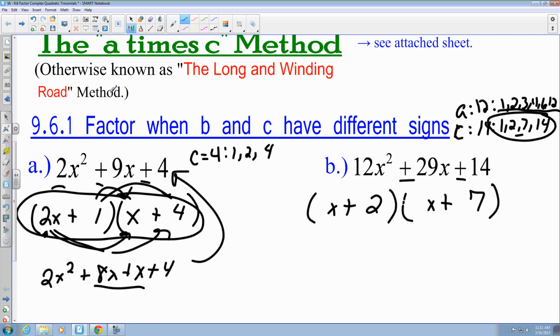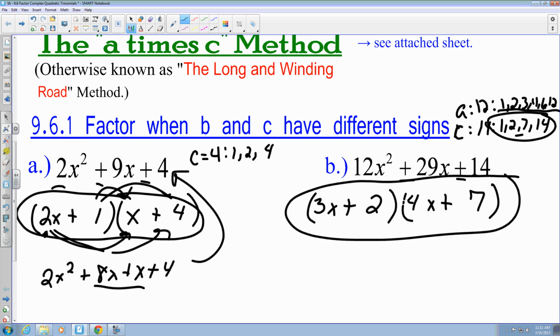What about if I put a 3 here and a 4 here? I would get 8 for the 2 times 4, and then the 3 times 7 would give me 21, and that's where I get my 29. And then 3 times 4 gives me the 12x squared. So this is how I can factor this out. The answer is 3x plus 2 times the quantity 4x plus 7.